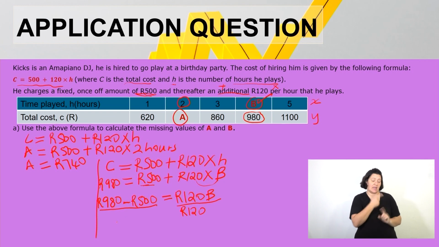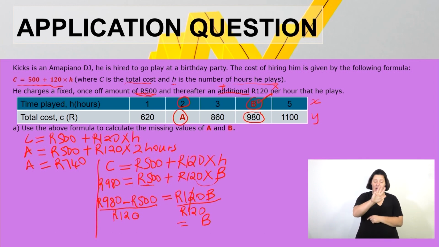And observe the rule that says, what you do on the left-hand side, you also do on the right-hand side. They will cancel one another. Then we're going to get B being equals to, come on, let's calculate together, everyone. 980 minus 500 gives us 480.